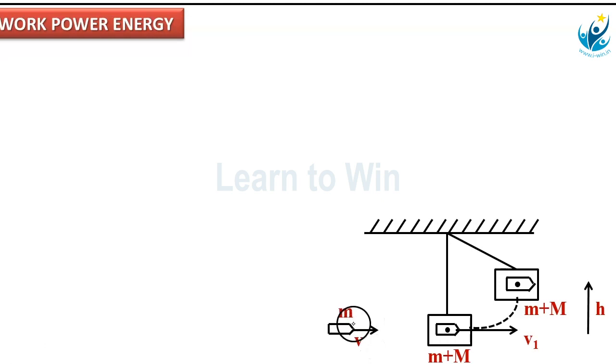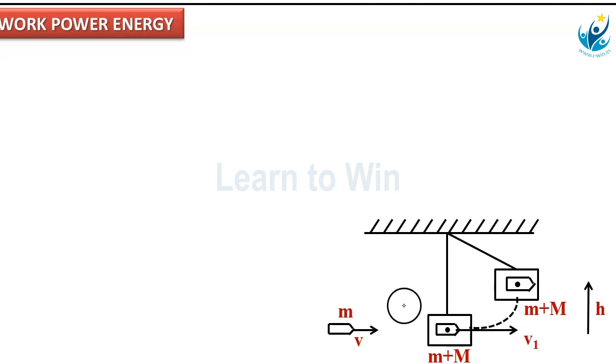What is the linear momentum of the bullet? mv. After hitting the block, the bullet is embedded inside the block and the total combined system, the block along with the bullet, moves along this direction with v1 velocity.